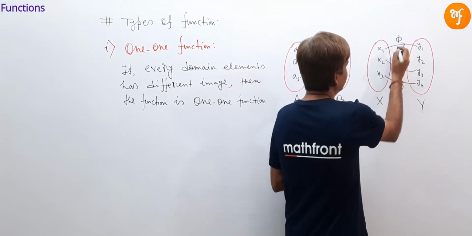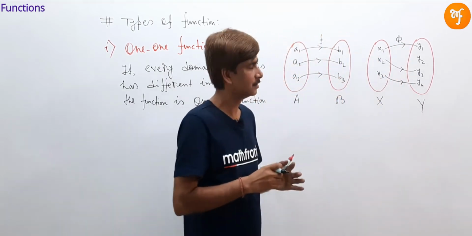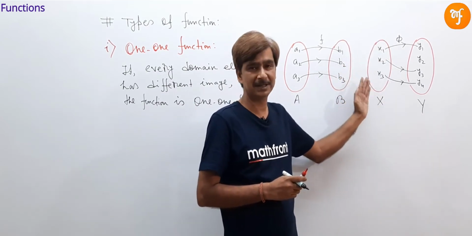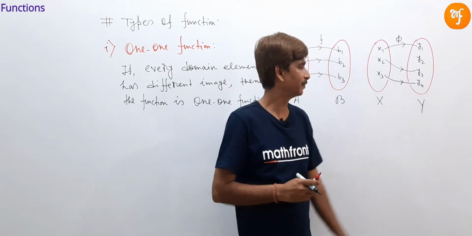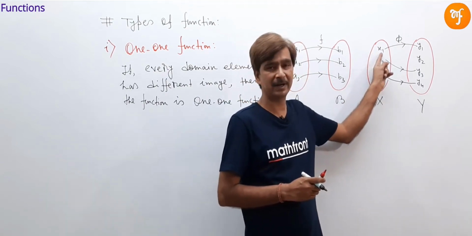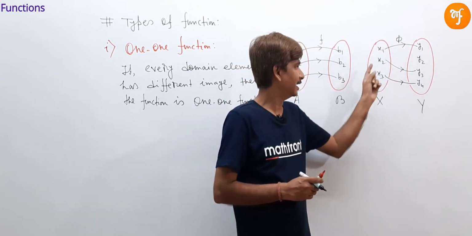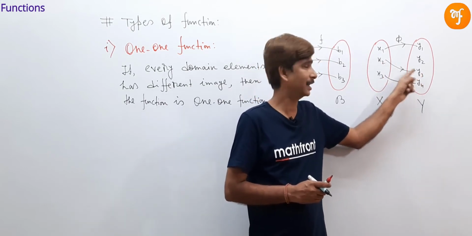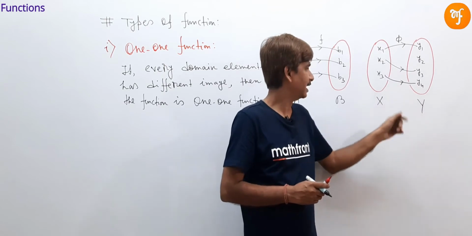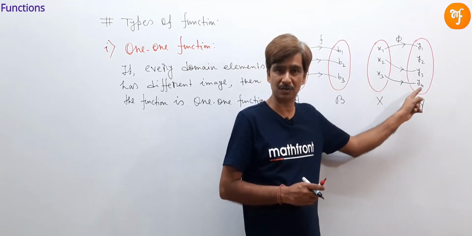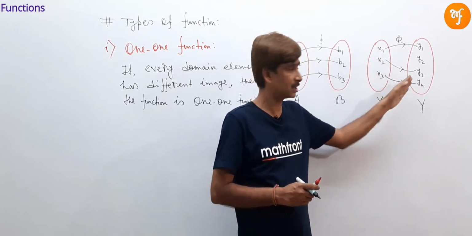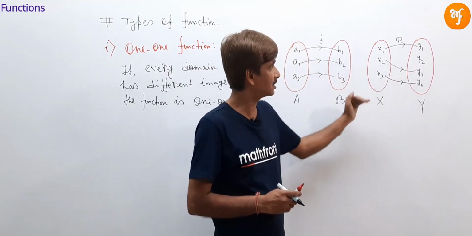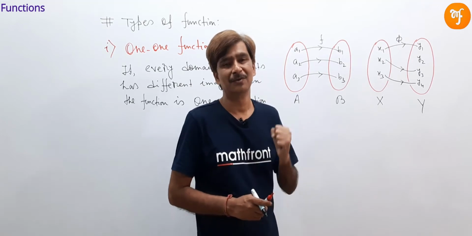So phi is the relation here which represents a function, because each and every domain element must have a unique image in the codomain. Here x1 has only one image, y1, x2 has only one image, y3, different from y1, and x3 has only one image, y4, and all of the images y1, y3, y4 are different. So this function phi is also one-one function.